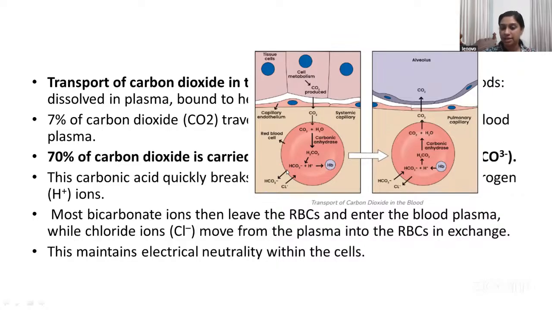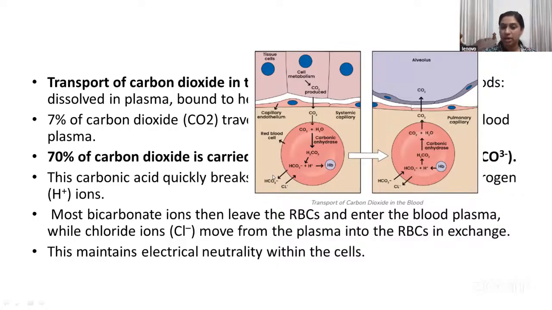It acts as an antiporter, extruding the bicarbonate ion outside the RBCs and internalizing the chloride ions from outside. Outside in the plasma we have a lot of sodium chloride, present as sodium ions as well as chloride ions. So to maintain electrical neutrality, as the negative bicarbonate ion leaves, a chloride ion enters the RBC.